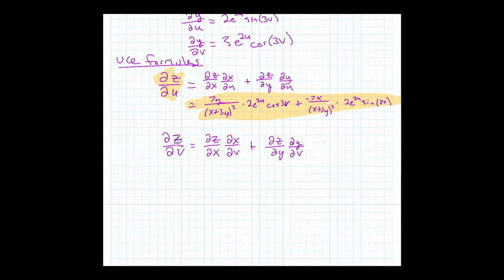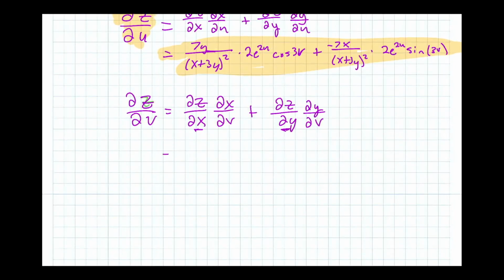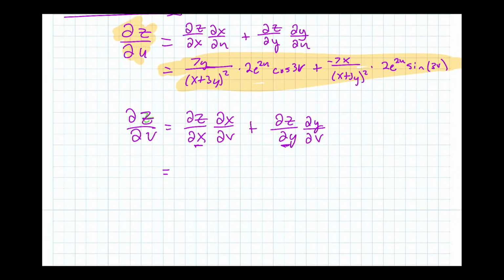Now notice that dz dx and dz dy show up in both formulas. So I'm just going to write those down rather than scroll up for them. So like this was 7y over x plus 3y squared, something, plus, I need more room for that something. And then dz dy, which happens to be right here, negative 7x over x plus 3y quantity squared.